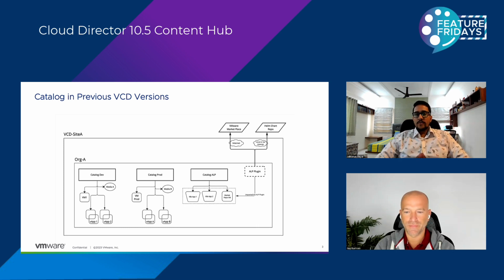So all of the configuration of the external sources was happening in App Launchpad, and then through App Launchpad we used to import the respective application resource and store it into catalog. So managing the external content was a different task, and managing the regular VM, vApp, and media was a different task. It was a multitask process wherein you also had to configure App Launchpad.